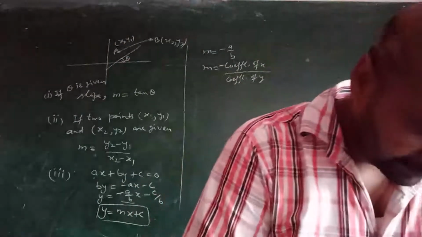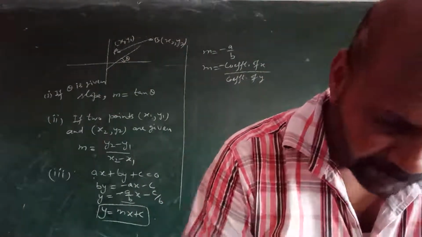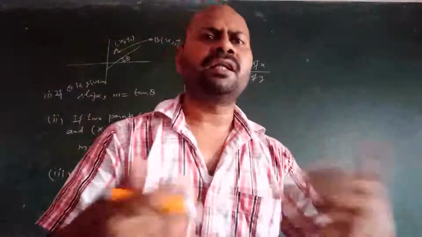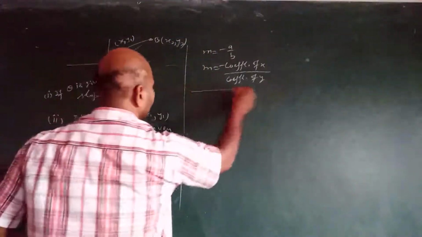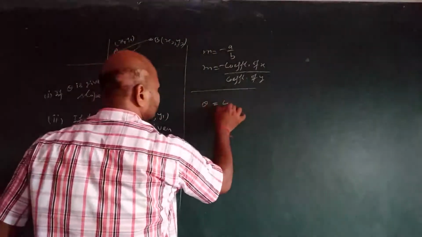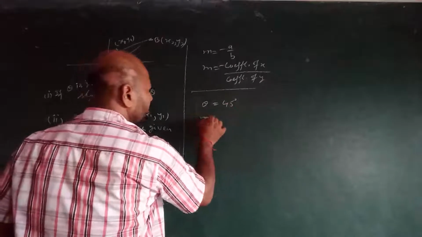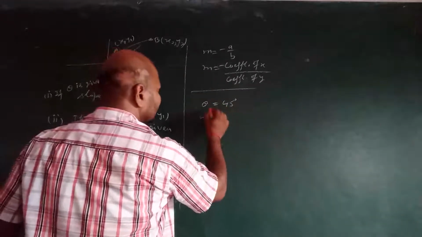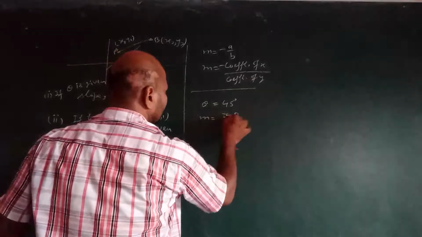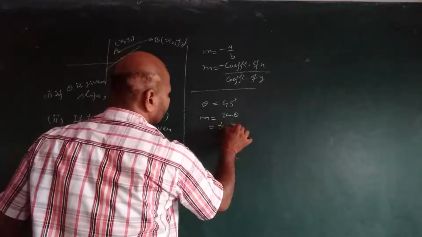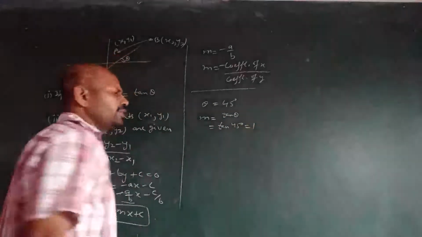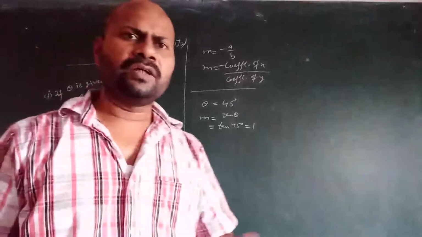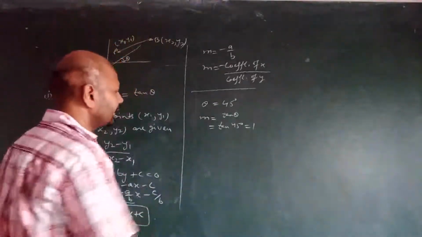Okay, we take some questions. If the angle theta is given as 45 degrees, then slope equals what? Slope m equals tan theta, and tan 45 degrees has the value 1.